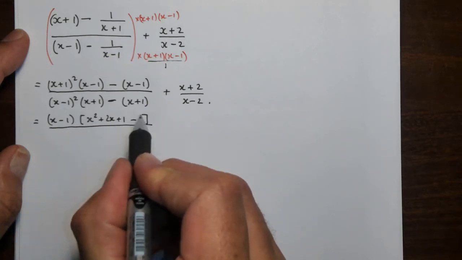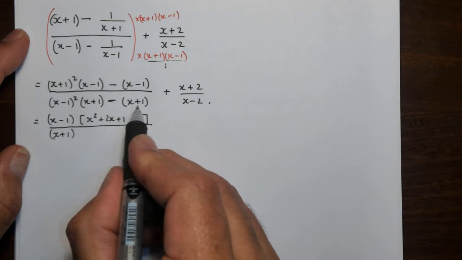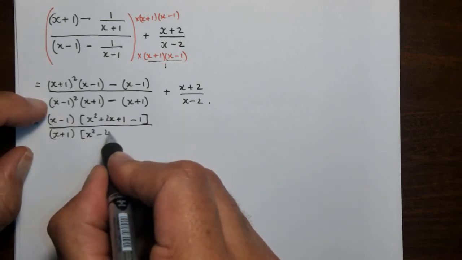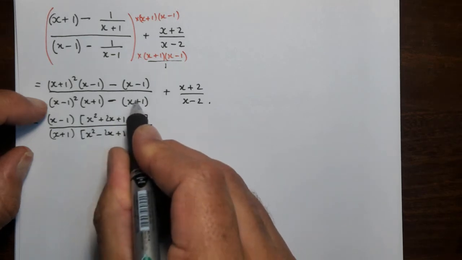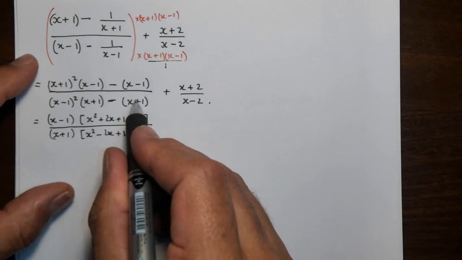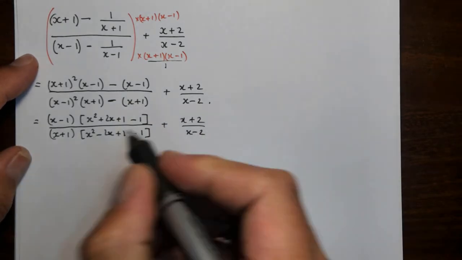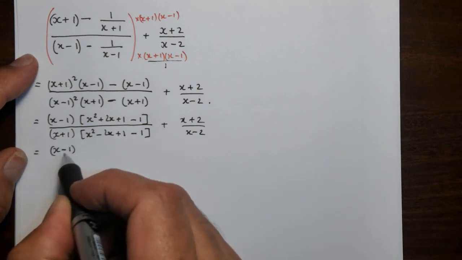Divided by x plus 1, which can remove itself here as a common bracket, and I'm left with square that bracket, x squared minus 2x plus 1 minus the 1 that I leave in the place of this bracket, plus x plus 2 over x minus 2. Okay, let's see. I've got x minus 1.